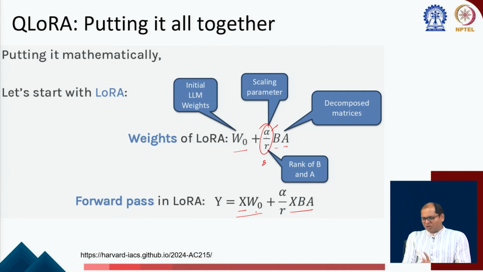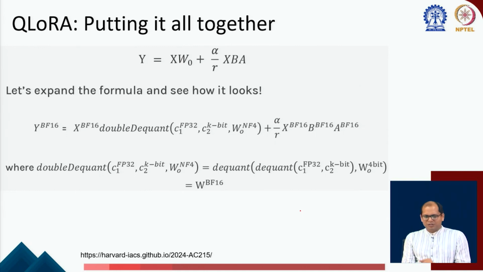Now remember, the only thing that is being stored as NF4 is W0. So this one you have to dequantize to BF16. Everything else is already in BF16. So if you expand the formula, these are all easy, all in BF16. You just take the values as they are. Only W0 you have to dequantize, and because it is double quantized, you have to double dequantize.